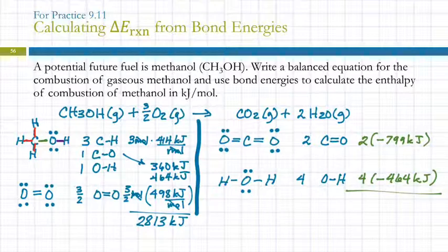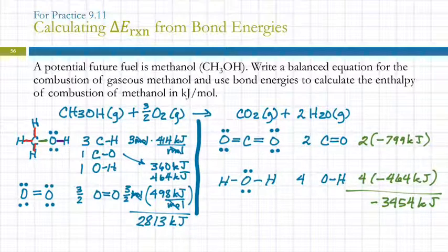So this adds up to minus 3454. So this is sort of like an investment. You have to contribute $2,813, but then after this is all done, you get back $3,454.